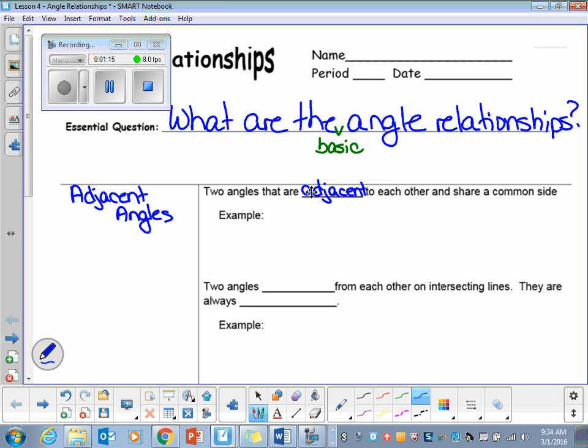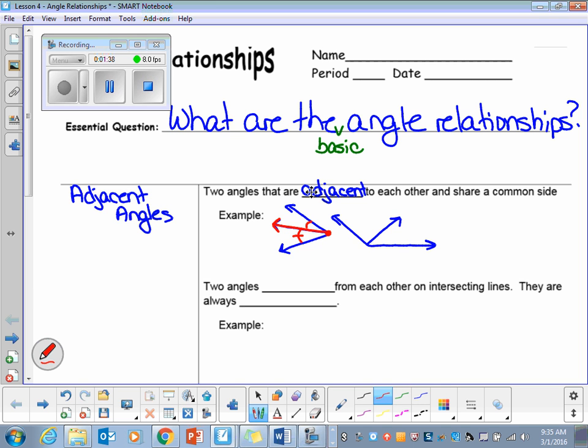So if we look at this, these are adjacent angles. This angle and this angle, they share a vertex and a common side, making them adjacent. Let's look at another one.